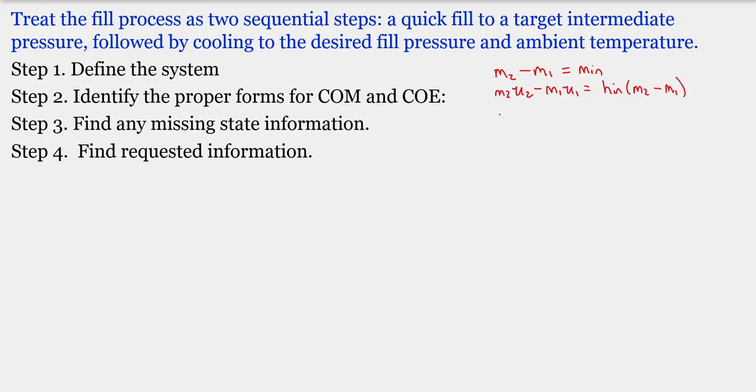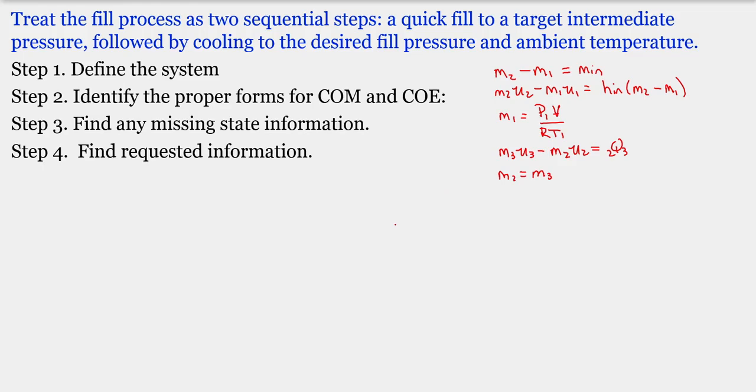We have the mass at state 1 given by the ideal gas law. We have the conservation of energy for the second part of the process, and the conservation of mass for the second part of the fill process.